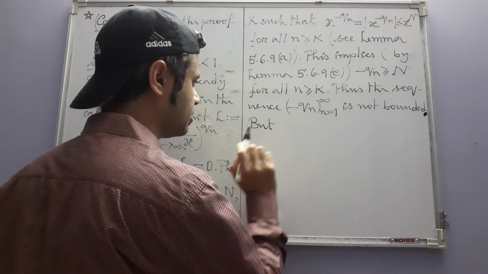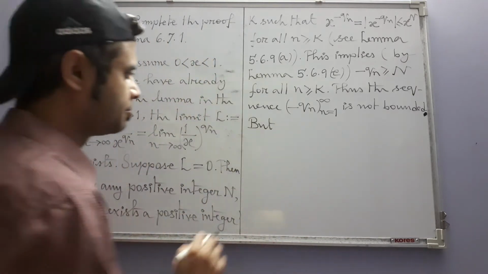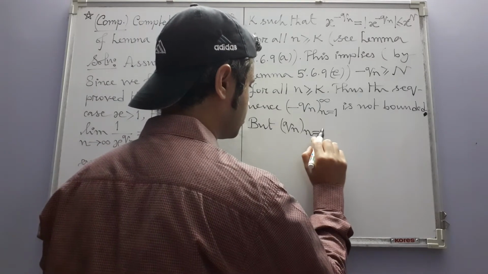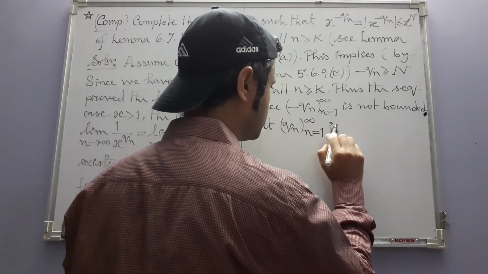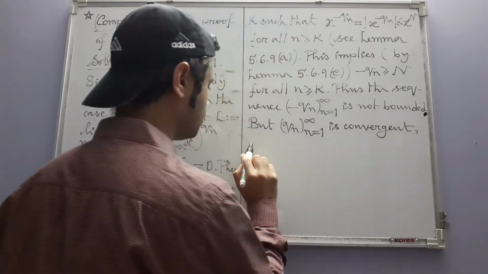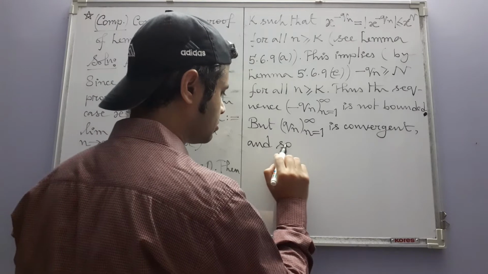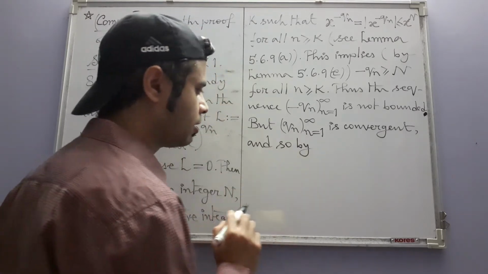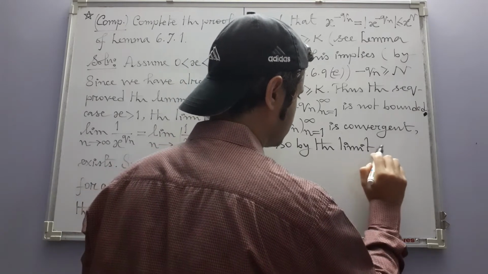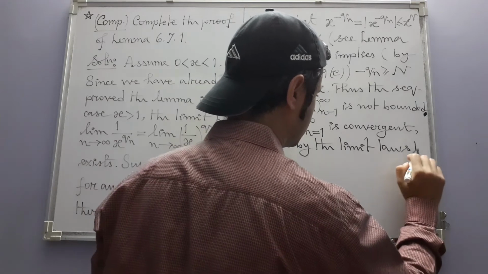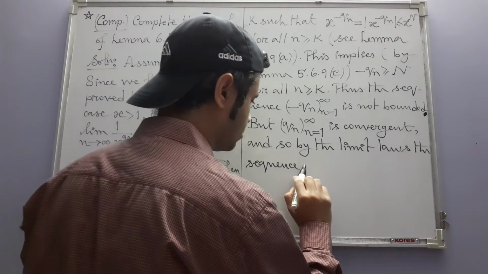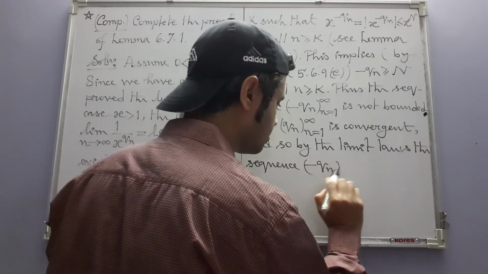But we know that the sequence qn is convergent, and so by the limit laws the sequence minus qn is also convergent.